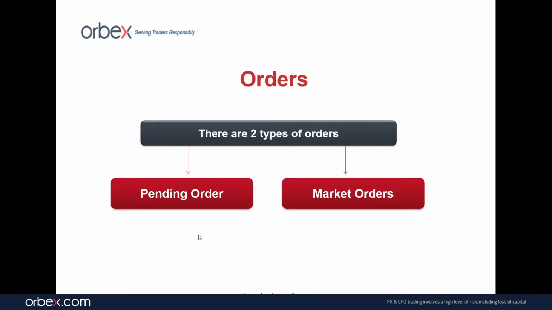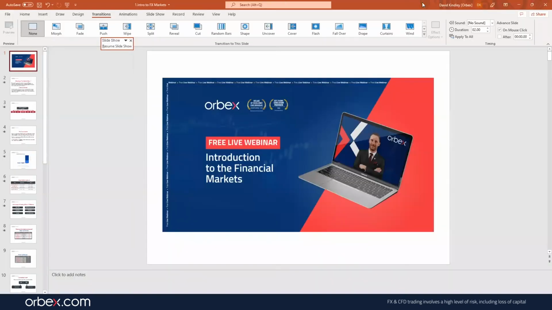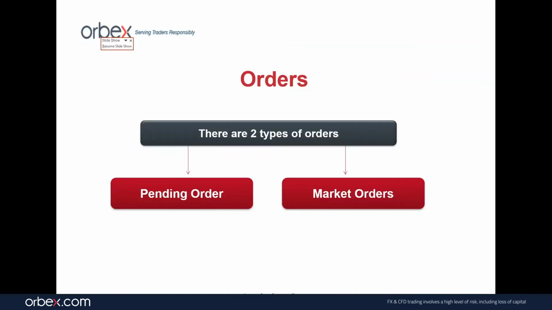Going into the final moments of the presentation, I just want to take you through orders. There are two types of orders, pending and market orders. Sorry, I had my other presentation open there.